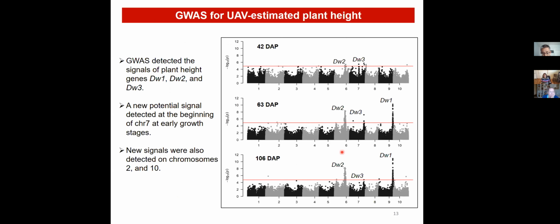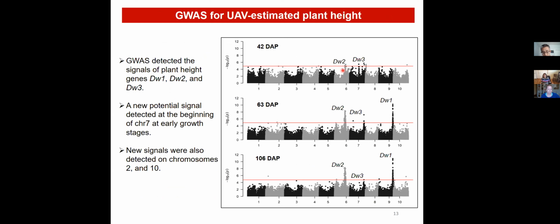But we still went ahead and ran some GWAS analysis of the UAV estimated height. As we can see here, we again detected known plant height loci, DW1, 2, and 3.